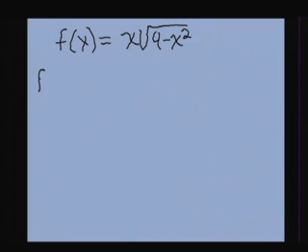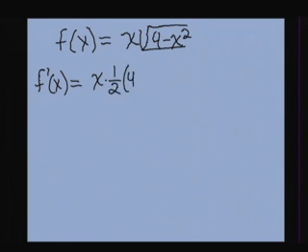And f prime will be equal to, we have to apply the product rule, so this would be x times the derivative of the second function, so we would have times 1/2 times 4 minus x squared raised to the -1/2 times the derivative of the inside, which is minus 2x.